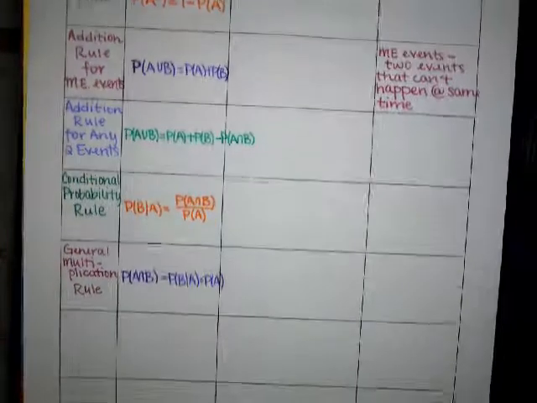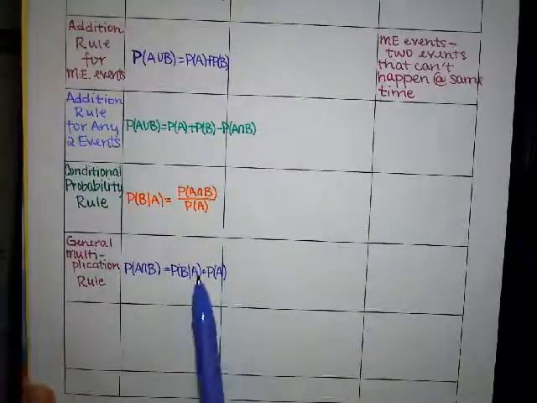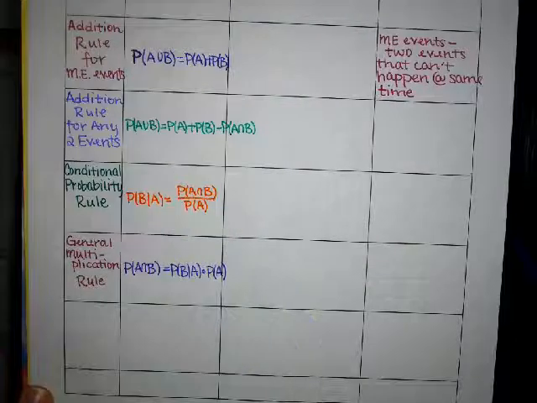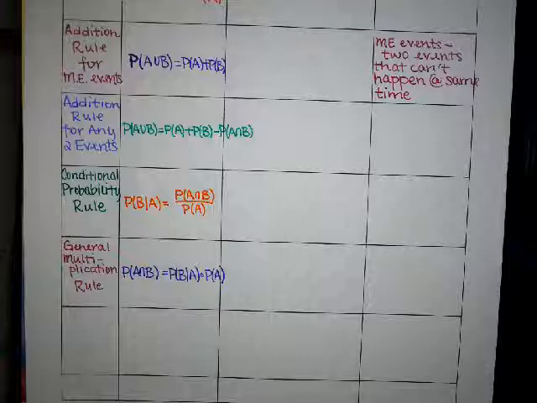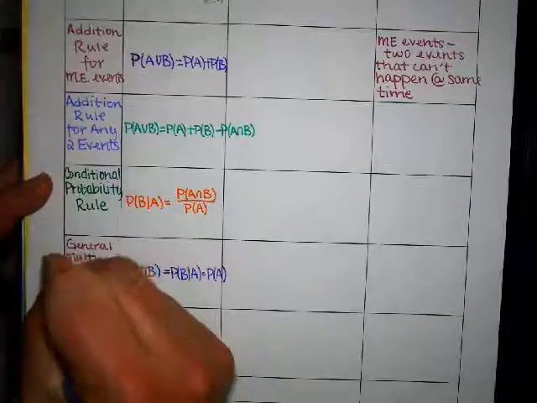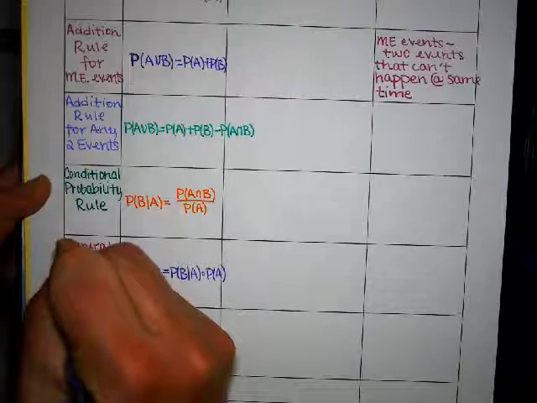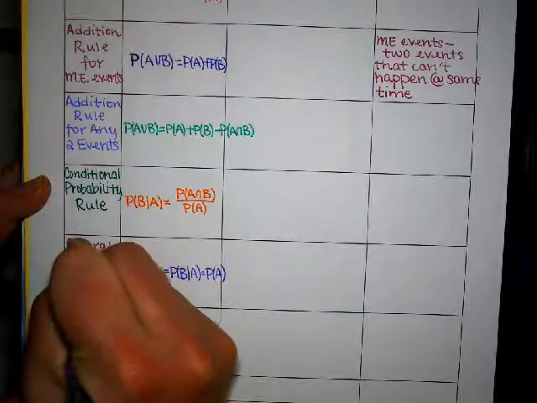And then we talked about, well, if A has no effect on B, the probability that A and B happens can be found using the multiplication rule for independent events.